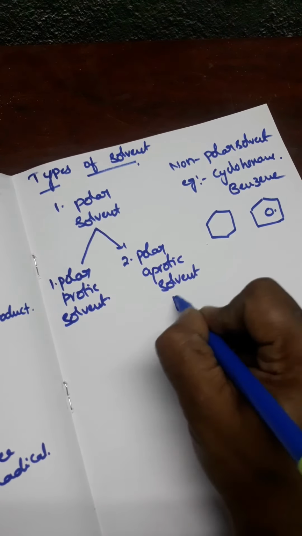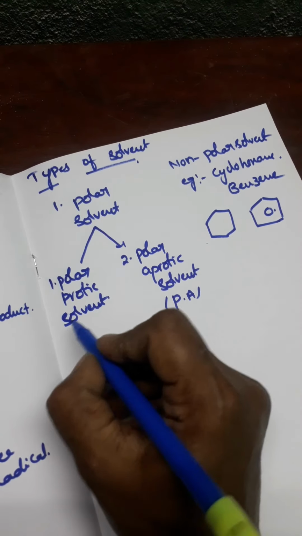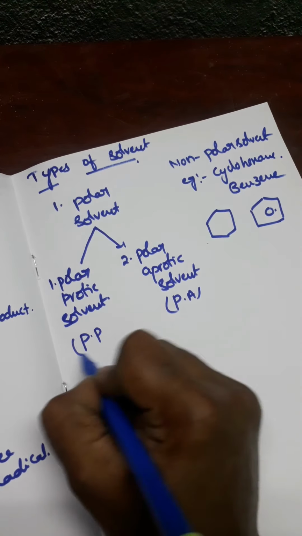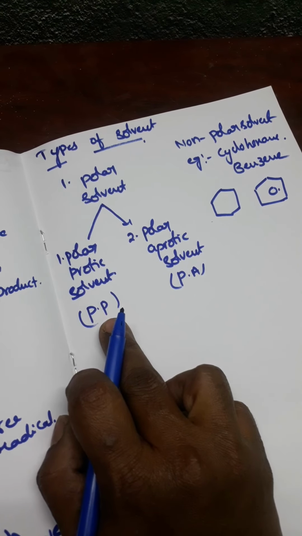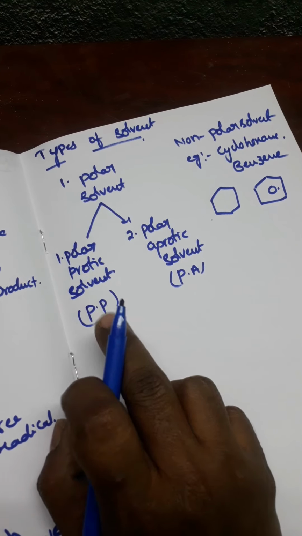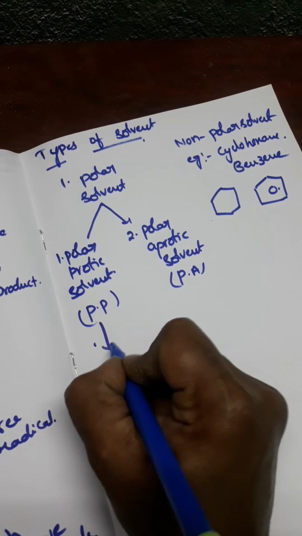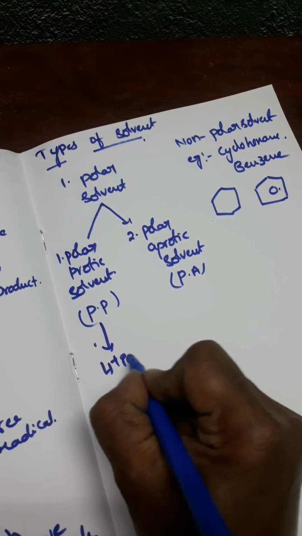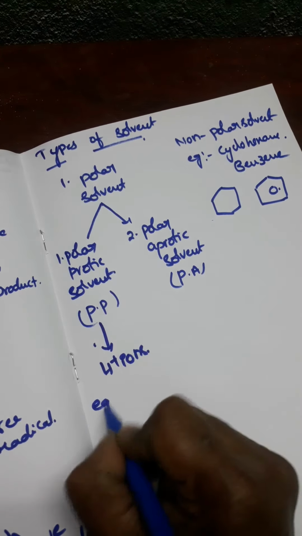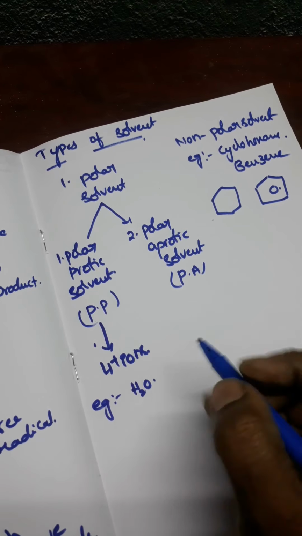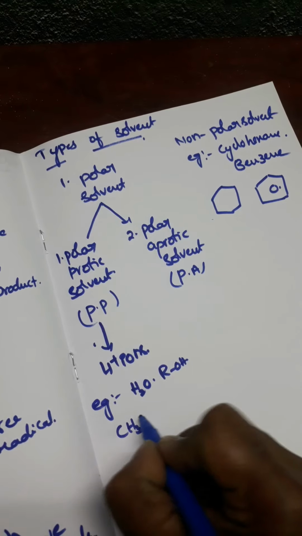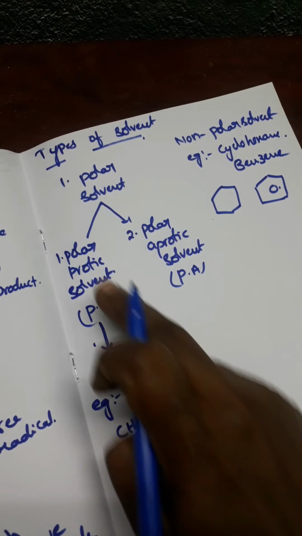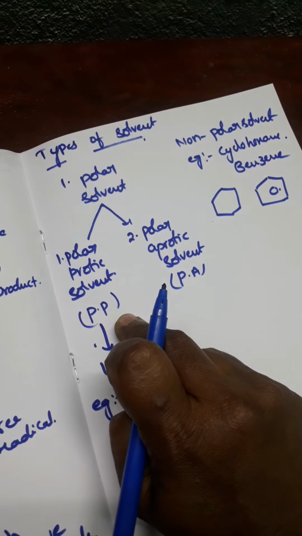This is also called PA, and this is PP, polar protic solvents. These polar protic solvents are solvents which give H plus ions. For example, H2O, alcohols, that is ROH, and acetic acids, that is the acids. These are called polar protic solvents.